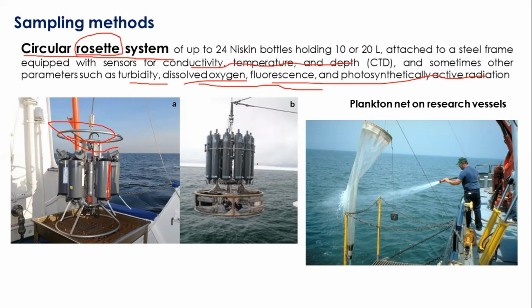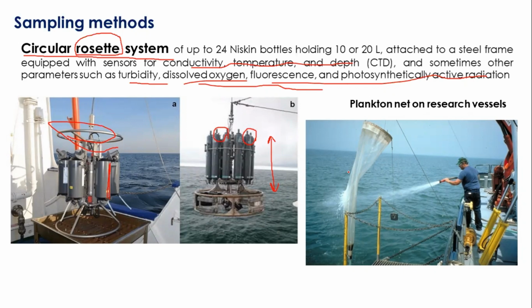The benefit is that at the same time you can collect from different depths, because you can close, let's say, two of these Niskins at 5 meters, then go further down and close two at 10 meters. Likewise, you can collect different depths of the water column in one sampling itself.